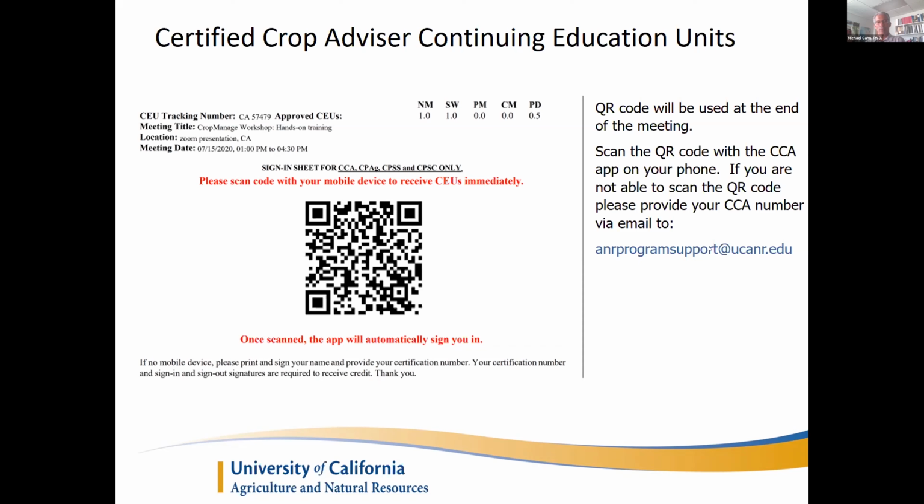What you see online is the QR code, in case you cannot scan it with your phone by bringing up your camera, or with the CCA app. You can email A&R program support, what you see on the screen, at ucanr.edu.